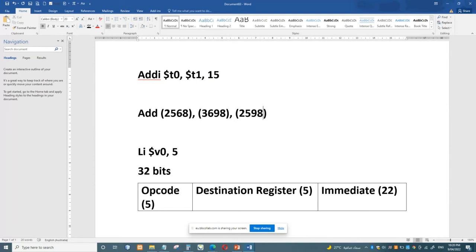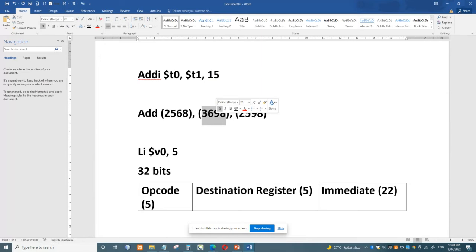So these are instructions where you specify the address of the memory location directly in your instruction. That's why this is called direct addressing. But nowadays we don't use the address of the memory location directly.